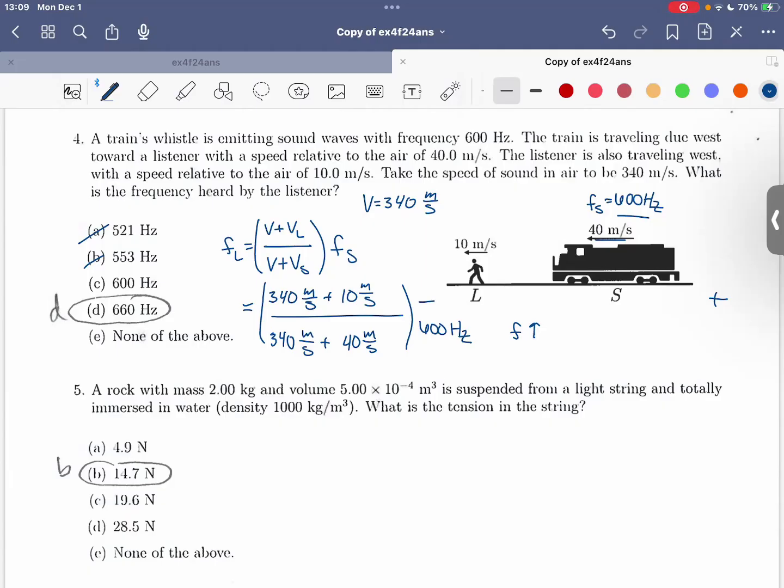Okay, and so when you plug that in, these should be negative, right? Negative and negative. So you should get 330 over 300 times 600 hertz. Okay, and when you multiply that out, that gives you 660 hertz, which is our correct answer.